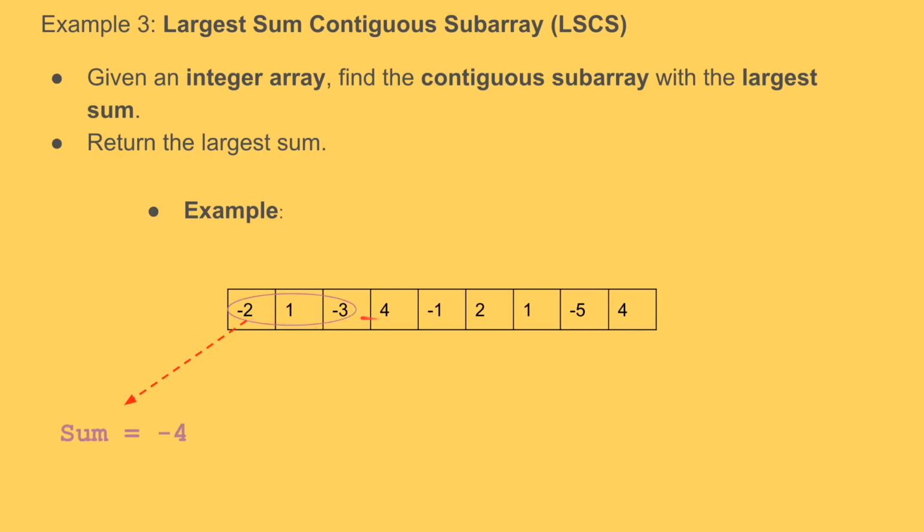If we sum them up all together, the value would be minus 4. Here is another one. If you sum up all these values, you get plus 2. And here's another one, which is 4, minus 1, 2, and 1. If you add them together, you get the value 6. And it happens that this subarray has the largest sum. And this is what we want to find.